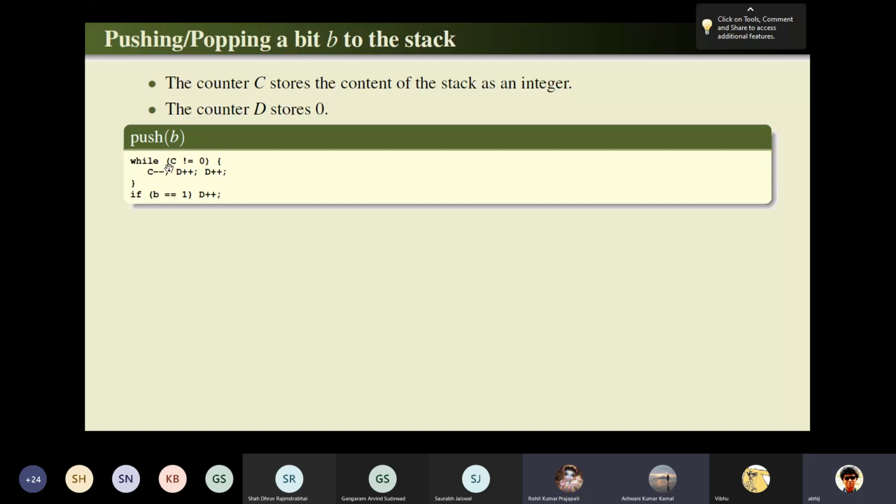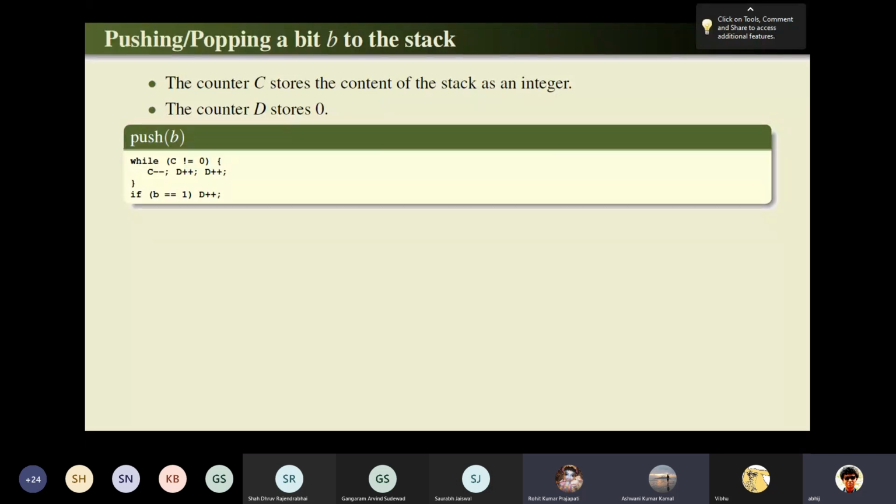So what I do, I decrement C once. For each decrement, I increment D twice. So when C becomes 0, D stores the value 2 times C. Then if the new bit is 1, I just increment the value of D by 1. Otherwise, just keep it as it is.